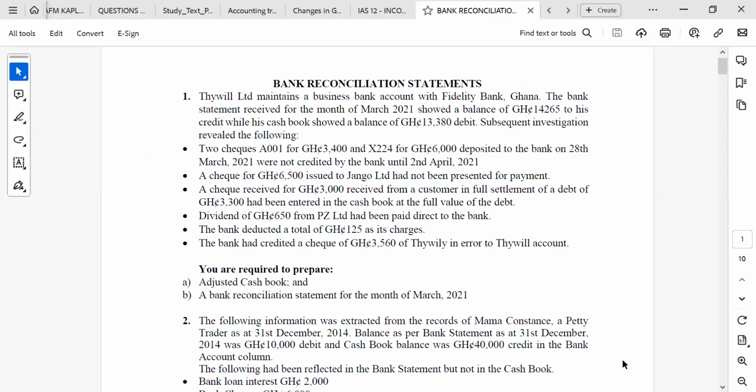Let's look at the last one there. The bank had credited a check of 3,560 cedis of Daiwili in error to Daiwo's account. You can see that this particular check is for a different customer, isn't it? Yes. But it has been credited to the company's account. If they say the bank has credited, it means that the bank balance has increased.